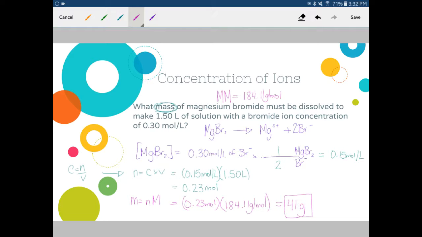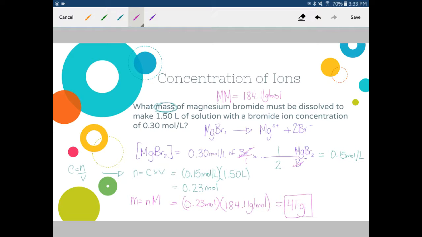Okay, so basically I had to go through what I know about dissociation. I had to go through my mole ratio. Remember, I do this as unit cancellation: I cancel out bromide is equal to bromide over 1, or required over given. I'm looking for magnesium bromide, which is required. I'm given a value for bromide ions, so that's my given. So it's 1 over 2. I get my concentration of magnesium bromide. Again, my square brackets represent concentration.